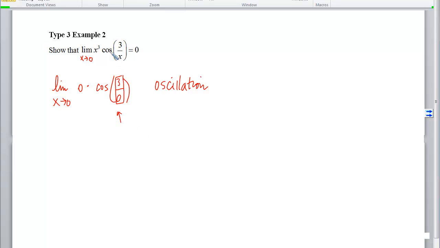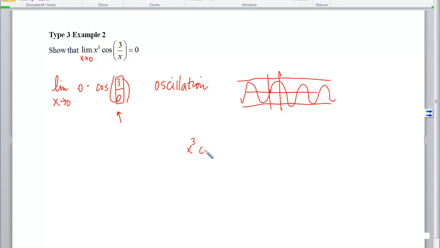So how do we deal with this when we can't solve the problem that's caused by that division by 0? Well, what we do is we think about what we know about cosine. Cosine, no matter how we look at it, is always going to be trapped between, might help if I graph it properly, always trapped between positive 1 and negative 1. So we can say that the function x cubed times the cosine of 3 over x will be trapped between negative 1 times x cubed and positive 1 times x cubed.